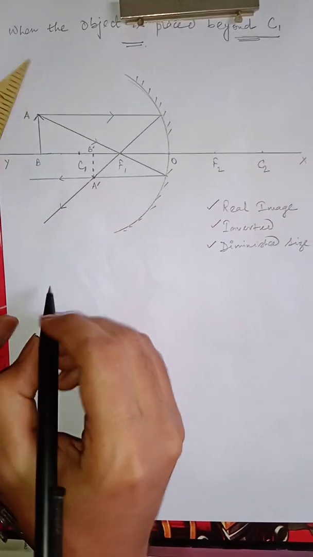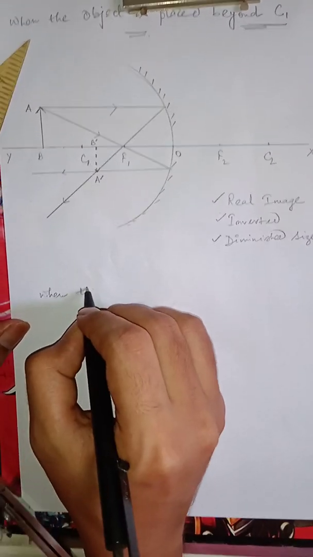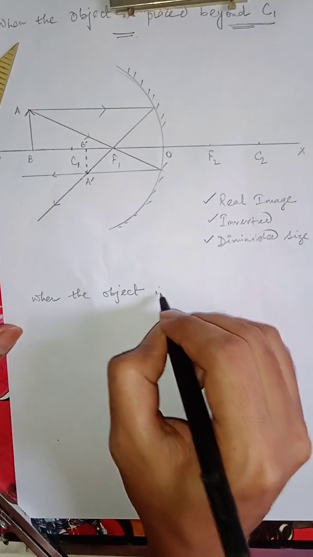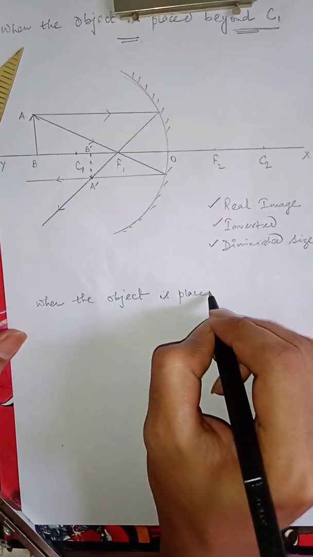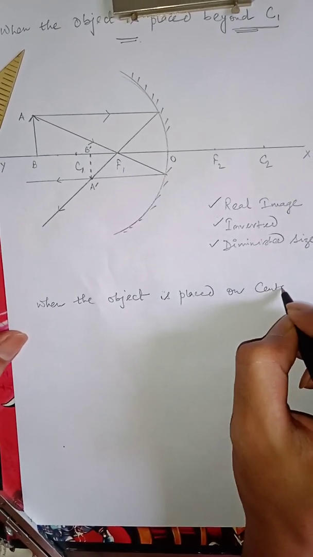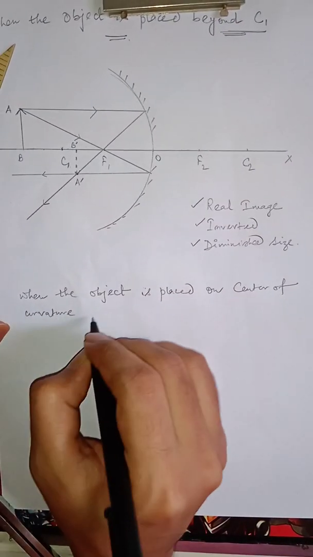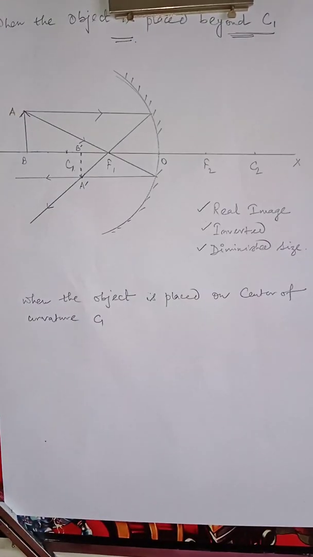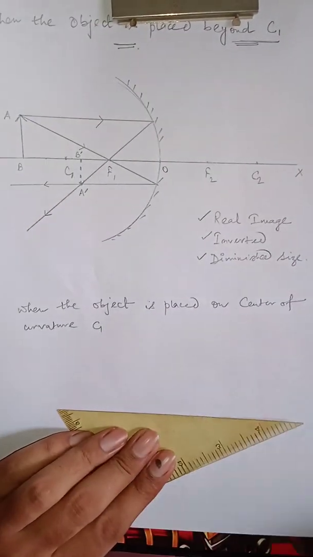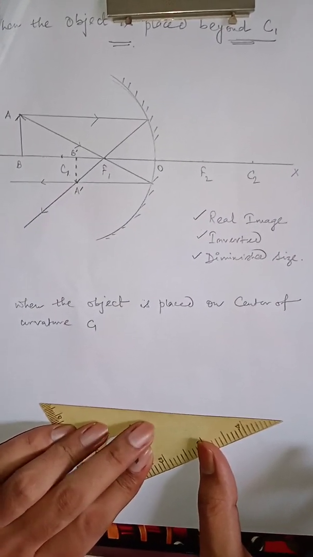Now, the next position is when the object is placed on the center of curvature C1. So when the object is placed on the center of curvature, it's quite interesting.